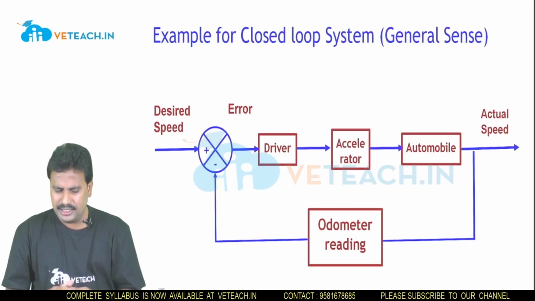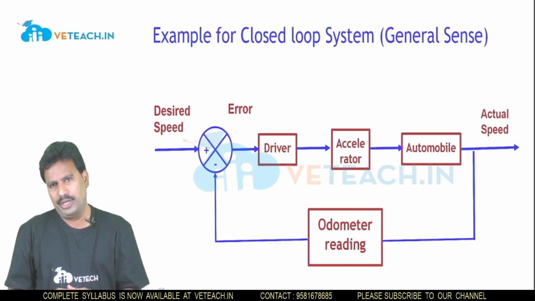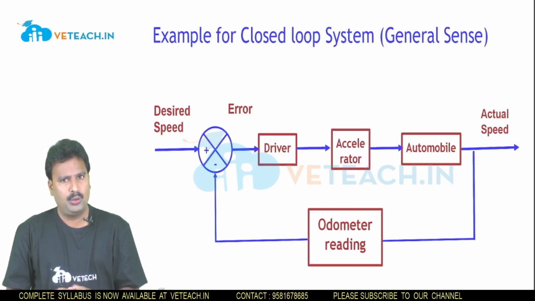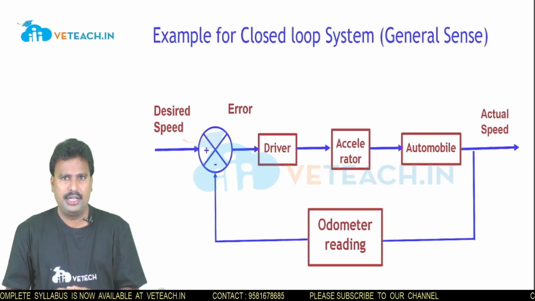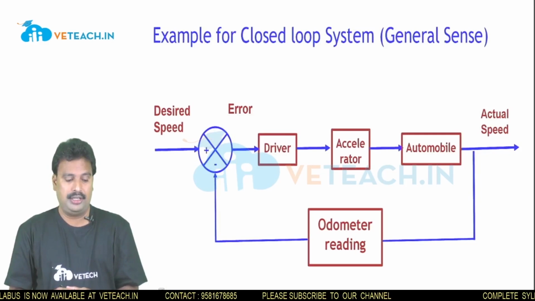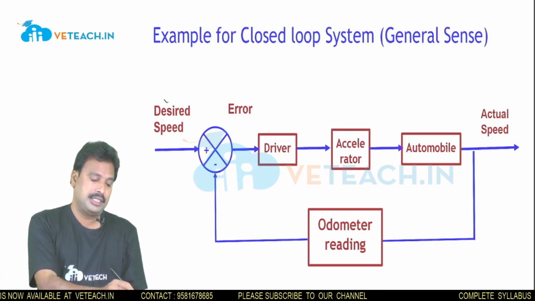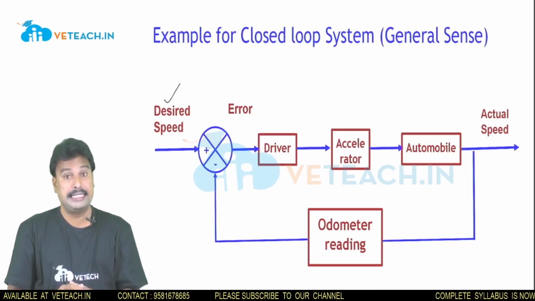Imagine that you are driving an automobile and you want to run this automobile at one particular speed, that is, at a constant speed. I consider that speed as the desired speed.